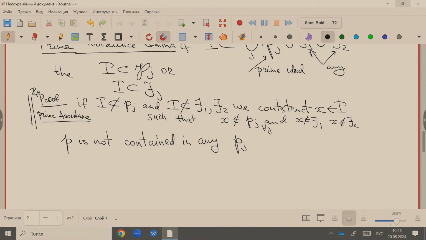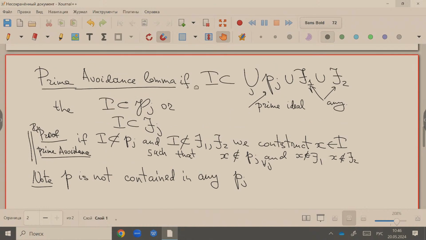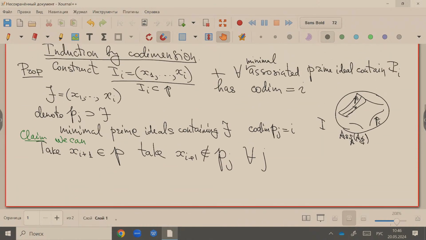this part of the beginning of the statement, because we are using not the formulation of prime avoidance but the existence of this element. So notice that P is not contained in any Pj, and the reason for this is very simple, it is inductive. This precisely explains why we have to assume this additional assumption on codimension.